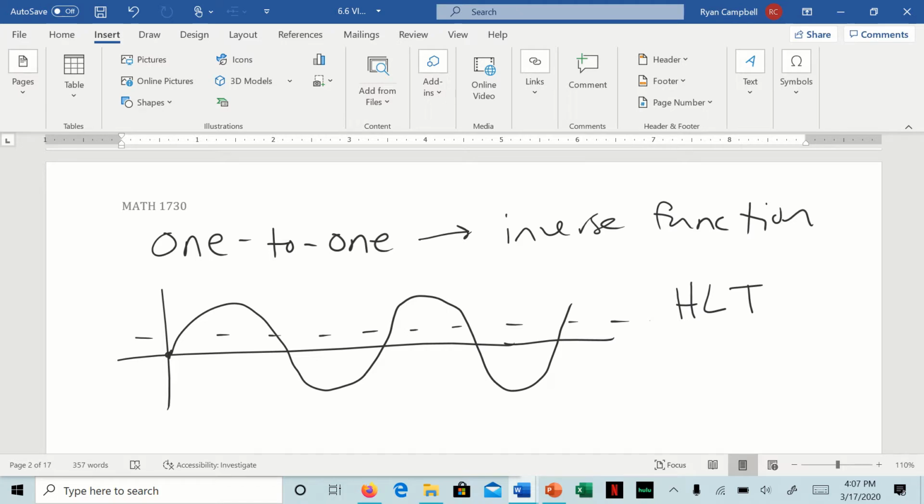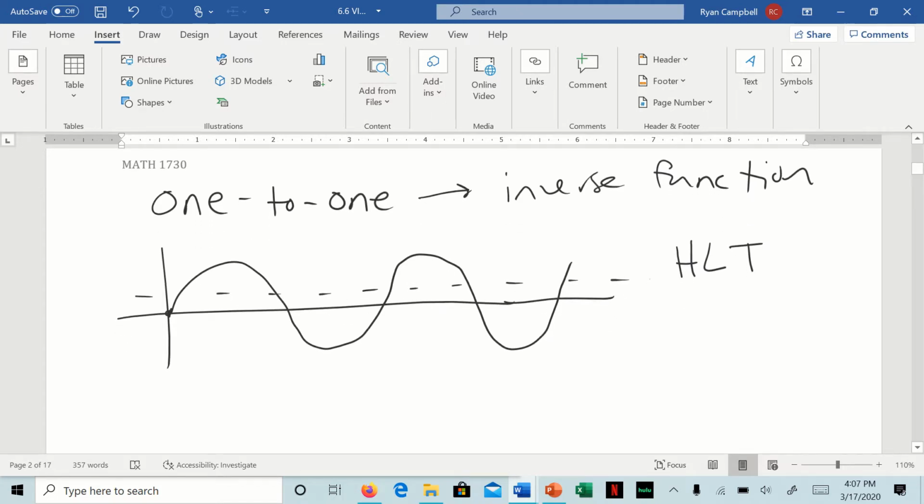So definitely doesn't work. However, we can adjust it to where it is one-to-one. Where could this be one-to-one? If we start at 0, we can see up until pi over 2 this is a single part of the graph. However, we don't want to just end here because we know the graph goes below as well.